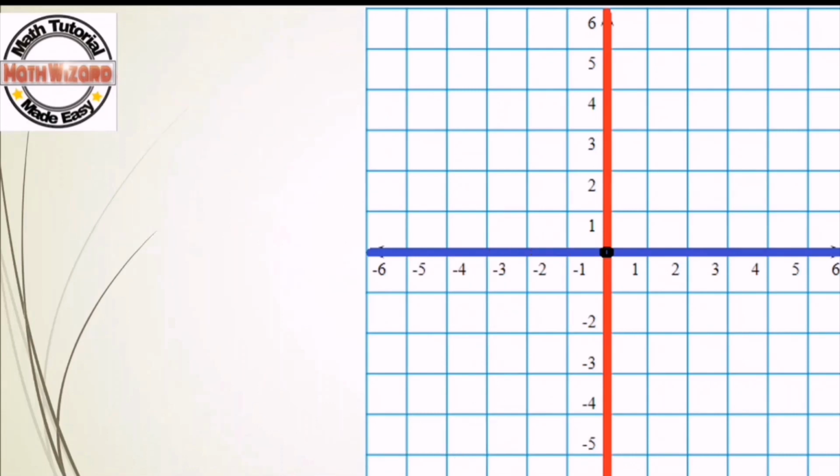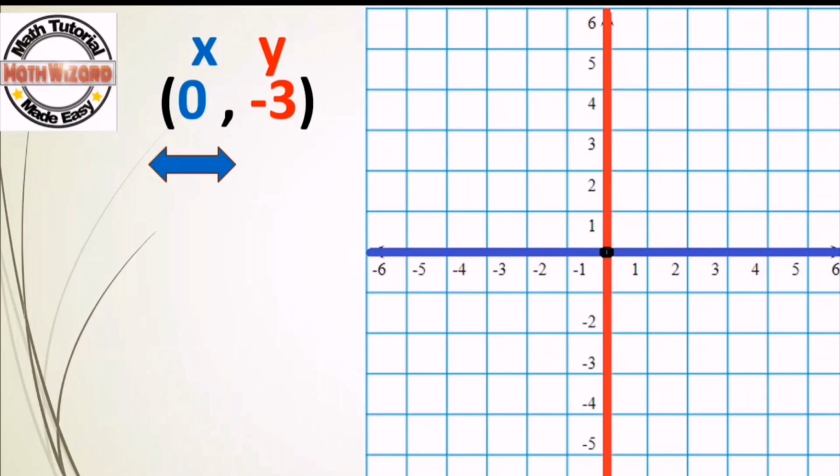Okay, now let us try another example. (0, -3). Okay, so again, we locate it on our graph. So how are we going to locate it? Identify the value of x and y. Since x is equal to 0, do we need to move left or right? There is no need to move to the left or to the right. Just remain at 0. And then observe the value of y if it is going up or going down.